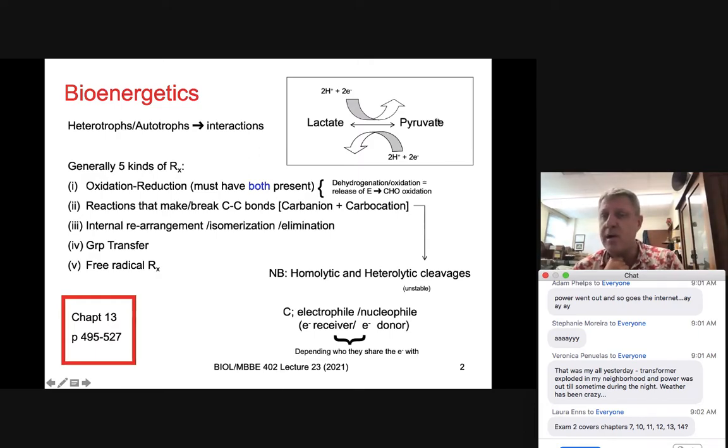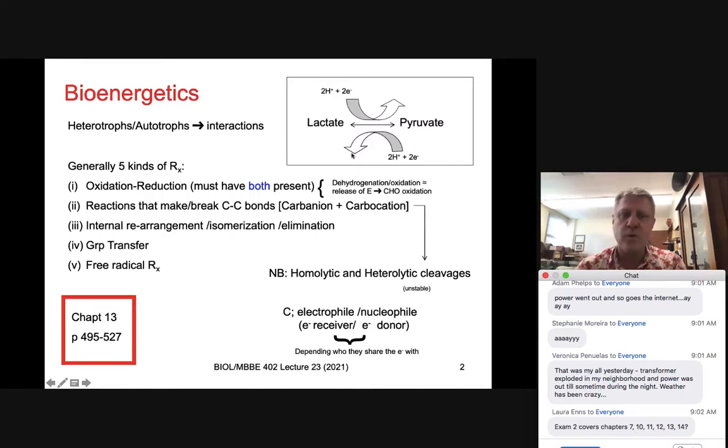But we have then pyruvate as a store of electrons, and we can recuperate those electrons by reversing the reaction, using enzymes to basically add those electrons and bring it back to lactic acid. So again, here we are getting ones in and ones out to produce pyruvate.